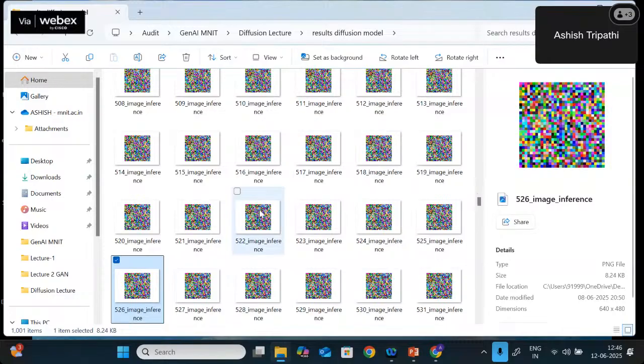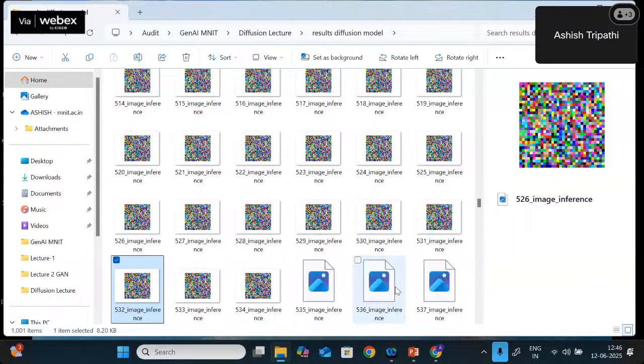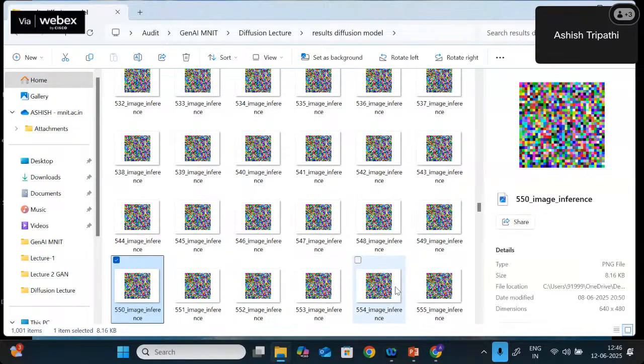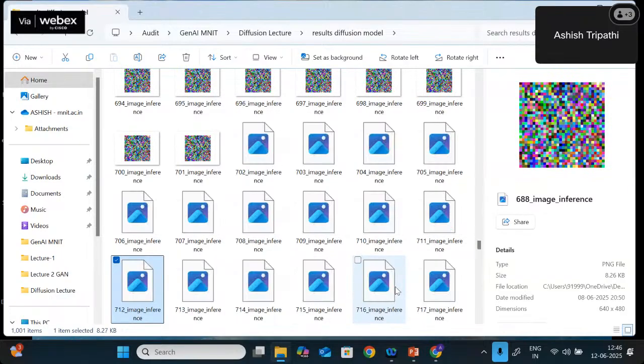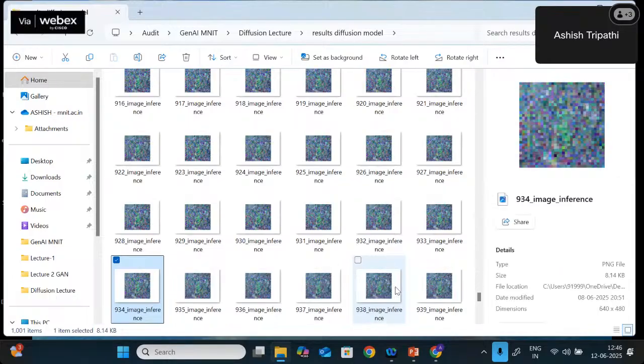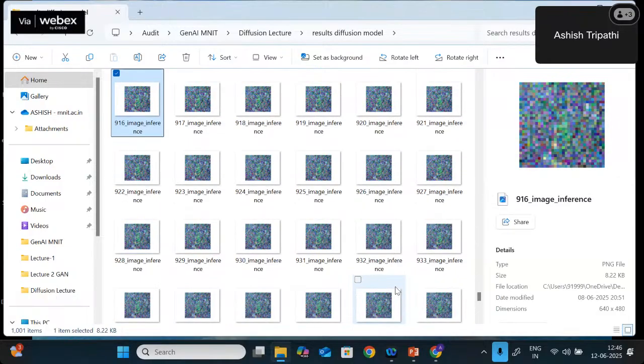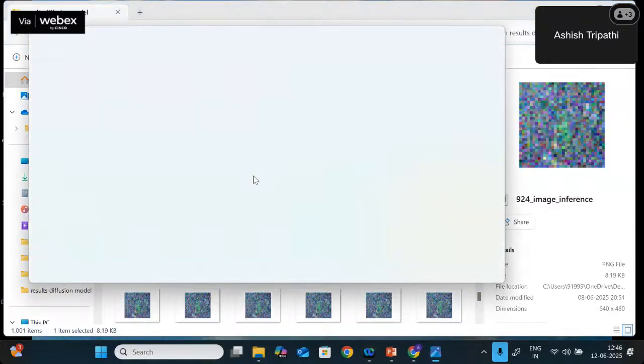Now you can see that some features of the image are visible. Now see, after 900 iterations, we are able to see the features of the actual data. This is the plant that I am able to see. Just check.